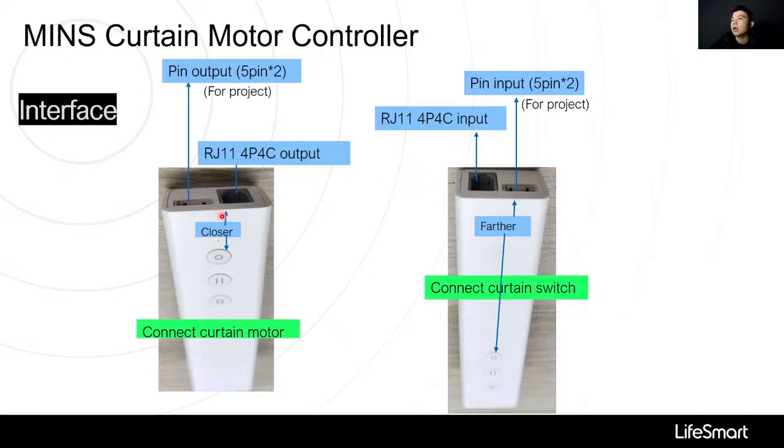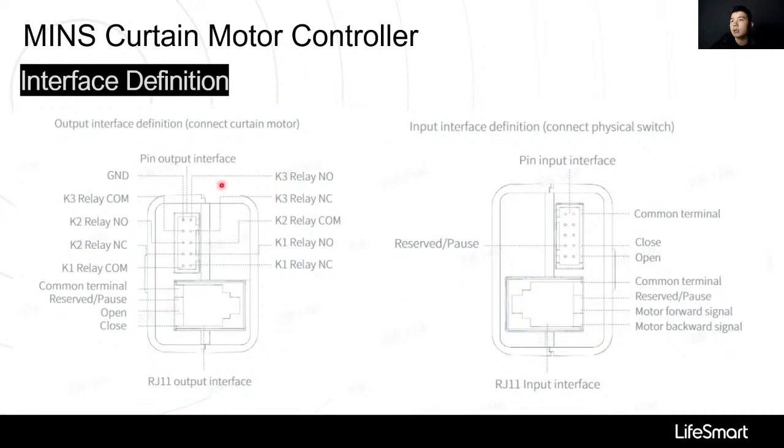You can see both ends have two interfaces. One is RJ11 for P4C, and another is pin. The pin interface is for project. So just select one interface when you are connecting it. Here's the definition of the interface. Just for checking, no need to see too much.